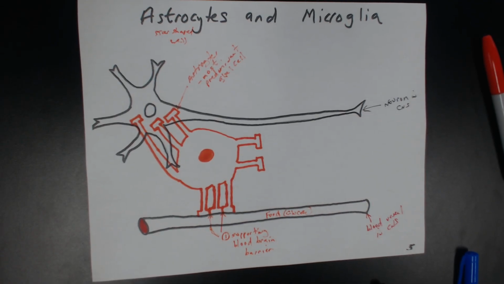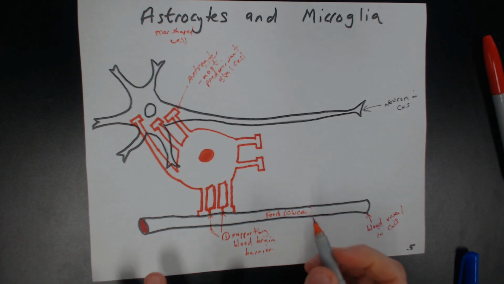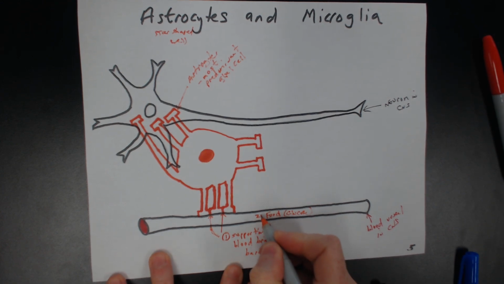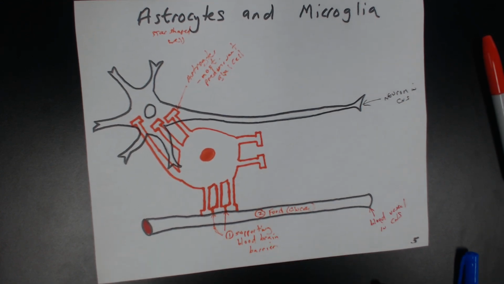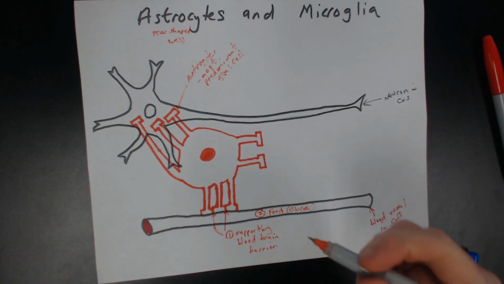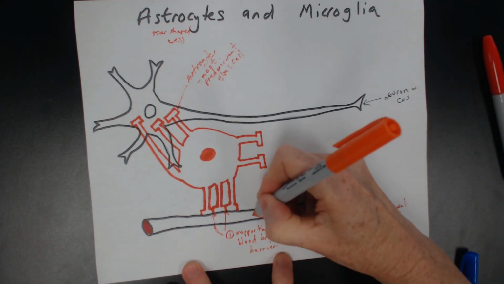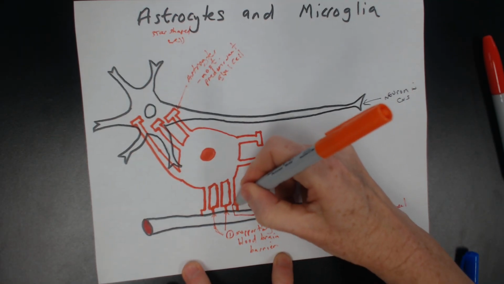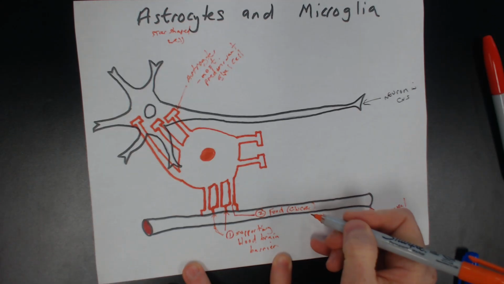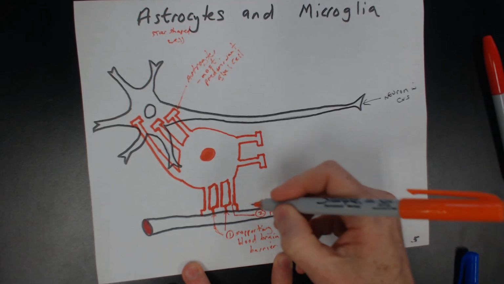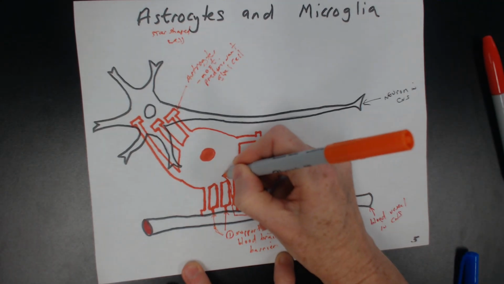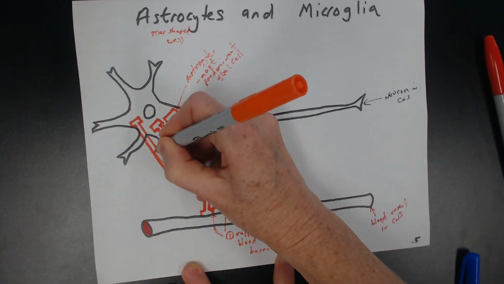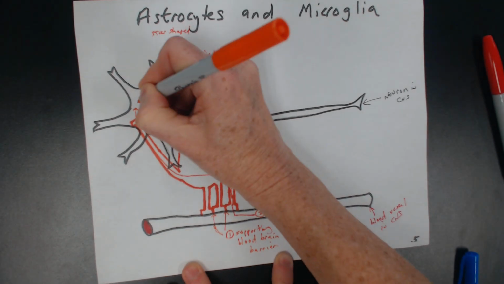The brain prefers sugar. And the second function of the astrocyte is to help bring food or glucose that's free floating in the blood vessel in to the neuronal cell body.